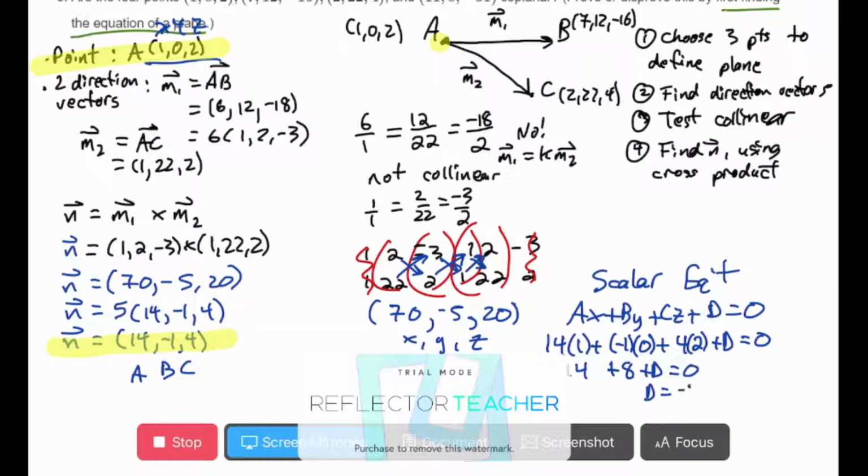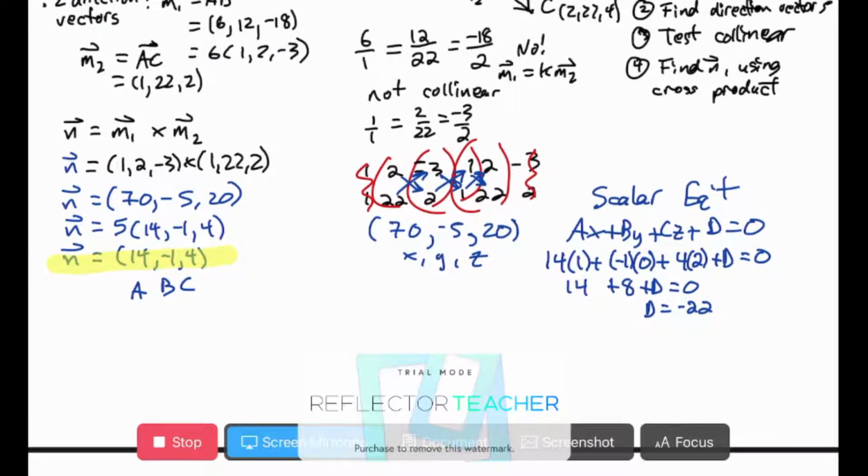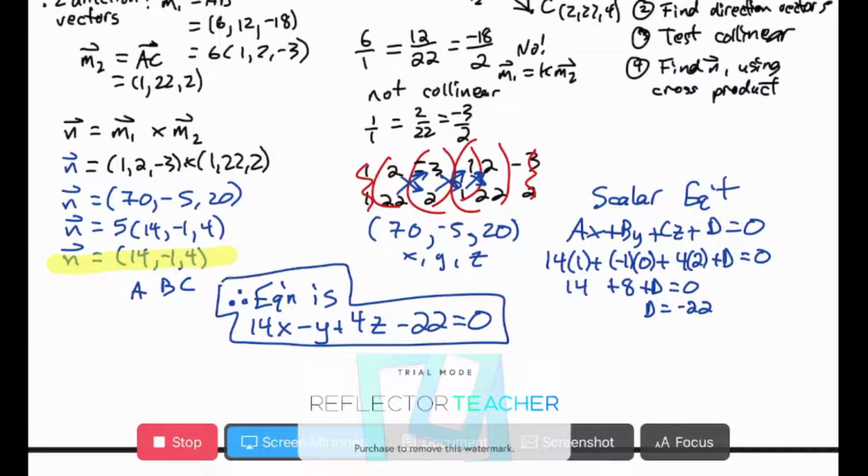And we find that d equals negative 22. So we can finally state our equation. Therefore, the equation is 14x minus y plus 4z minus 22 equals 0.